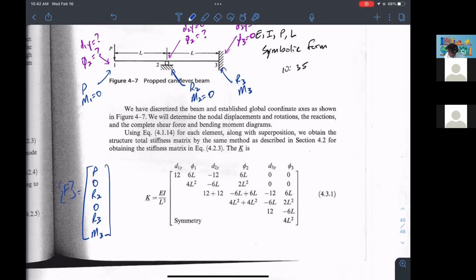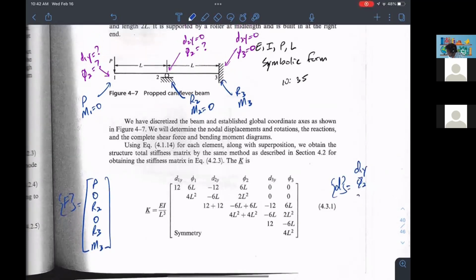Our D vector would be, at d2y is 0. Did I tell you the wrong thing there?